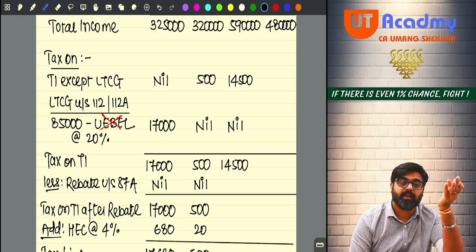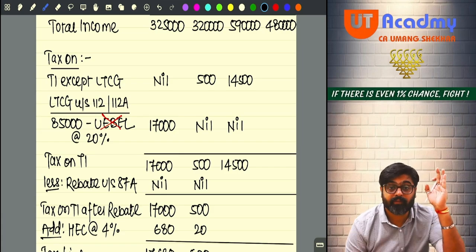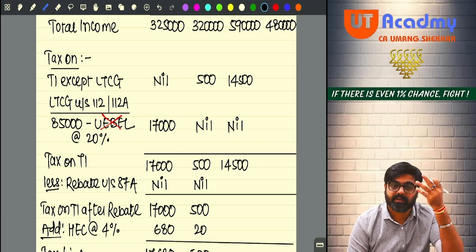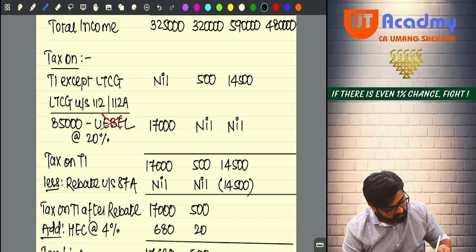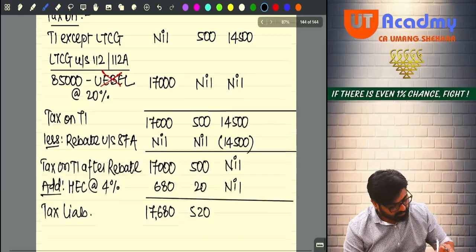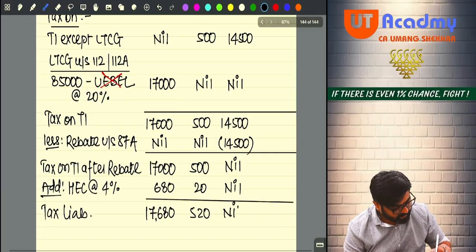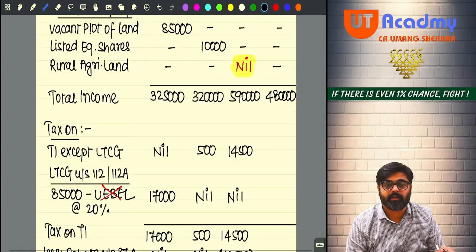How much will be the rebate you can claim? The entire tax or 25,000, whichever is lower. Can I say entire 14,500 you will get as rebate? Now there will be no tax liability, no cess, meaning your final tax liability will be nil. Will you remember this?